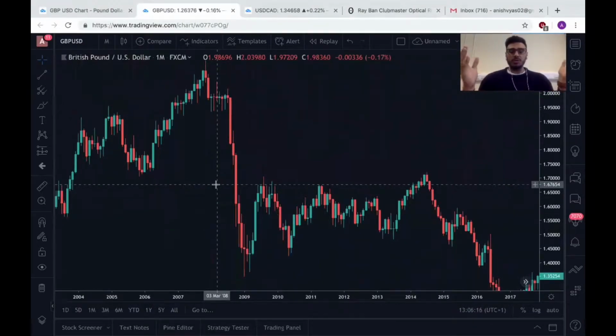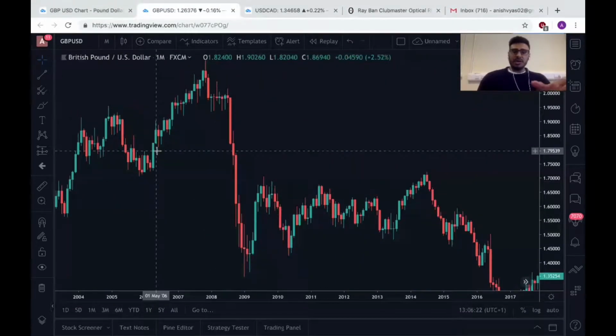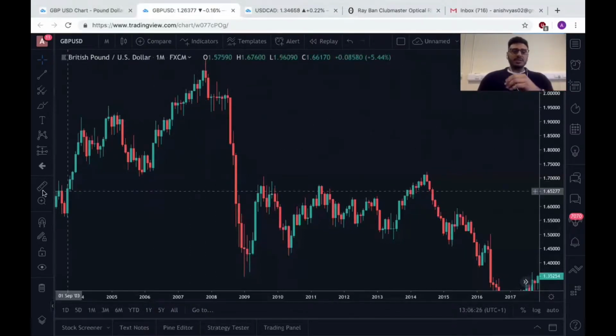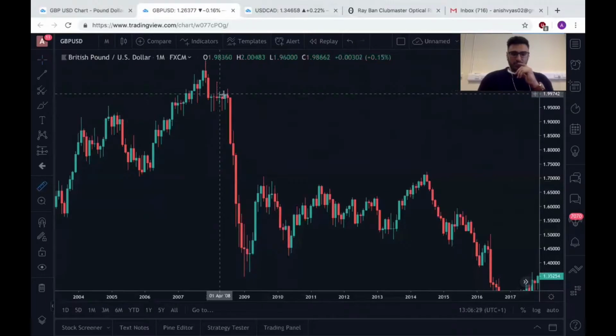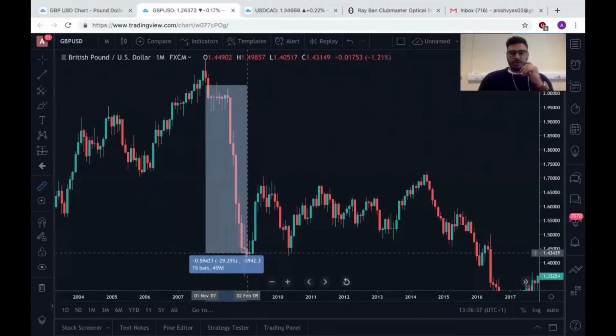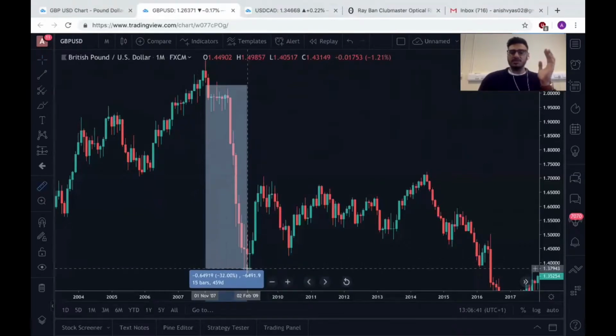Like the economy went crashing down and lots of people lost their jobs. And at this point, the GBP, if we look at it in particular, devalued massively. So if we sold the GBP, let's say in November 2007, and we took profit after 1 year, that's almost 6,500 pips, guys.